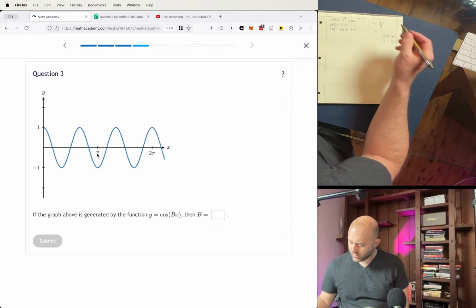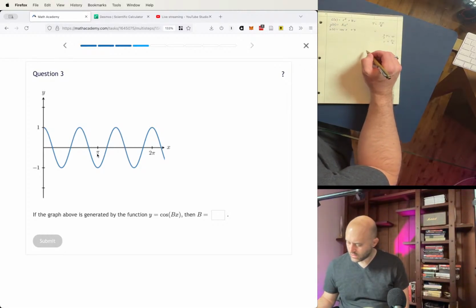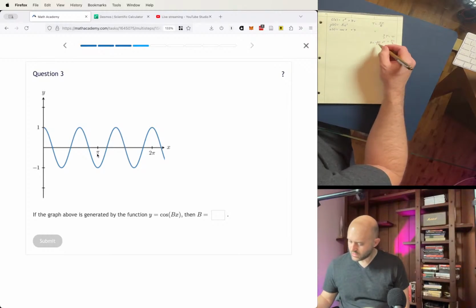So then b would be 2 pi over 2 pi times 3. So b would equal 3.